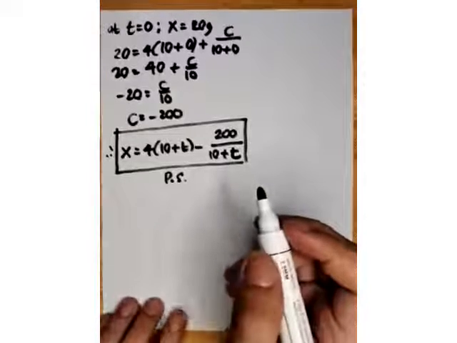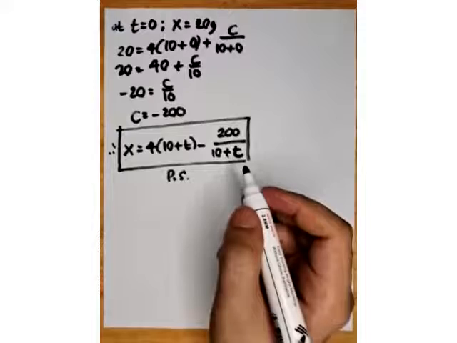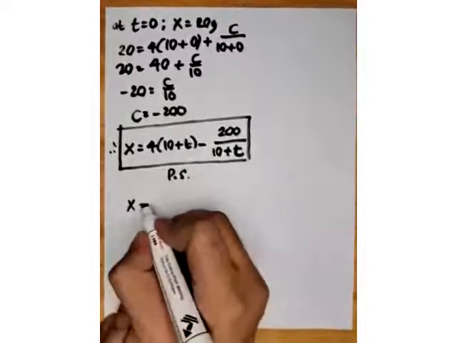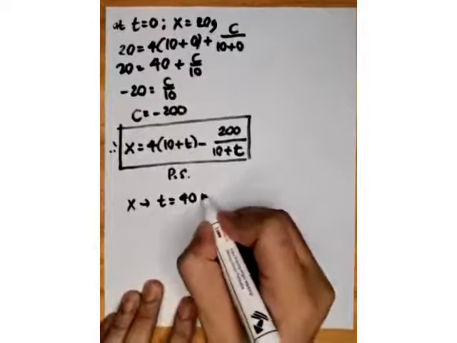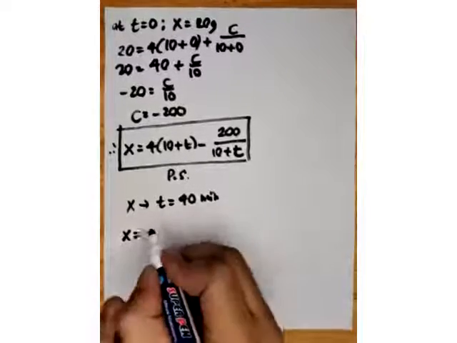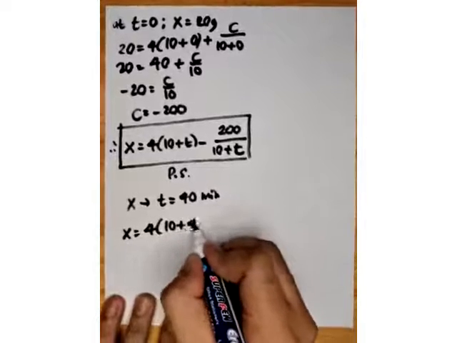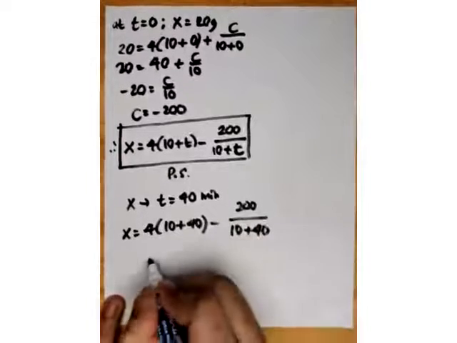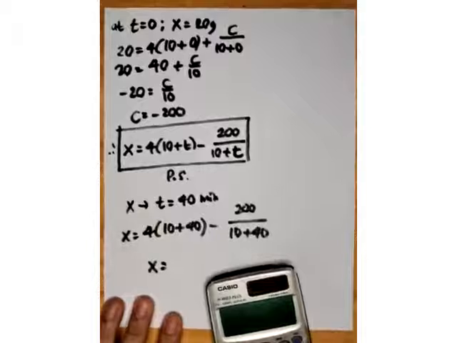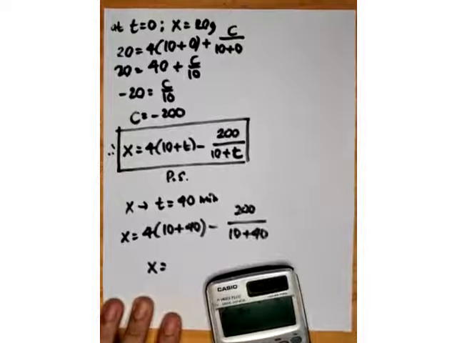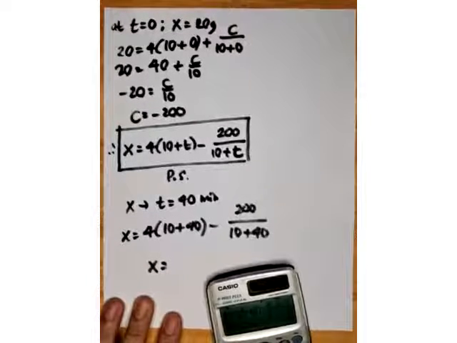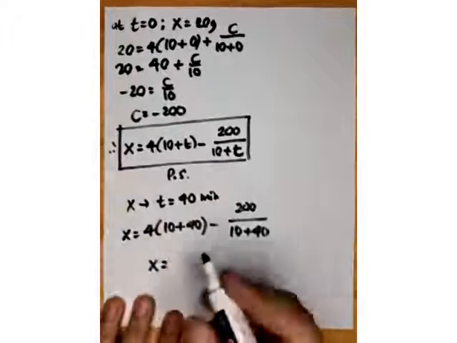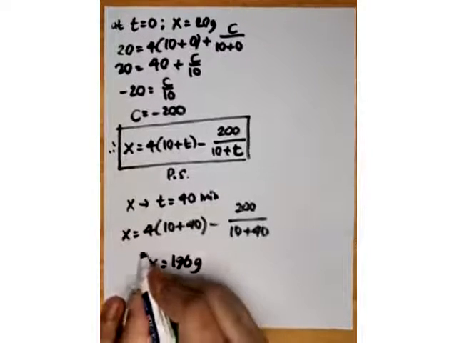So, ano bang hinahanap natin? Okay, so what's the value of x when t is equal to 40 minutes? Ayan. So x is equal to 4 times 10 plus 40 minus 200 over 10 plus 40. So x is equal to 196 grams.